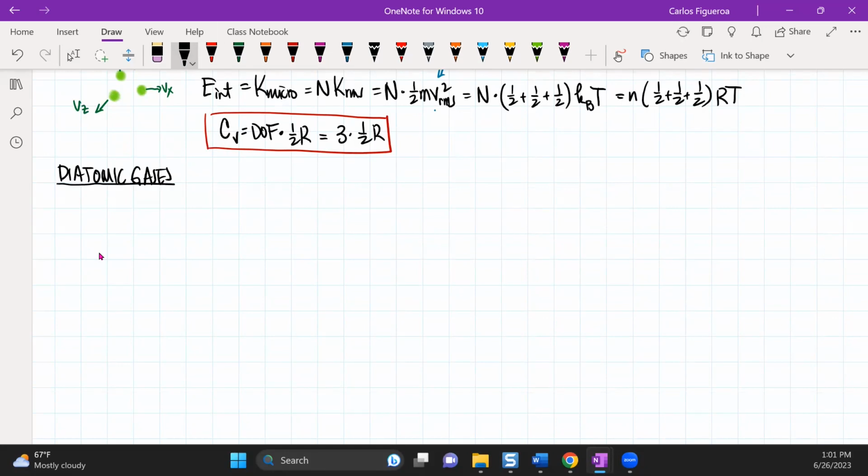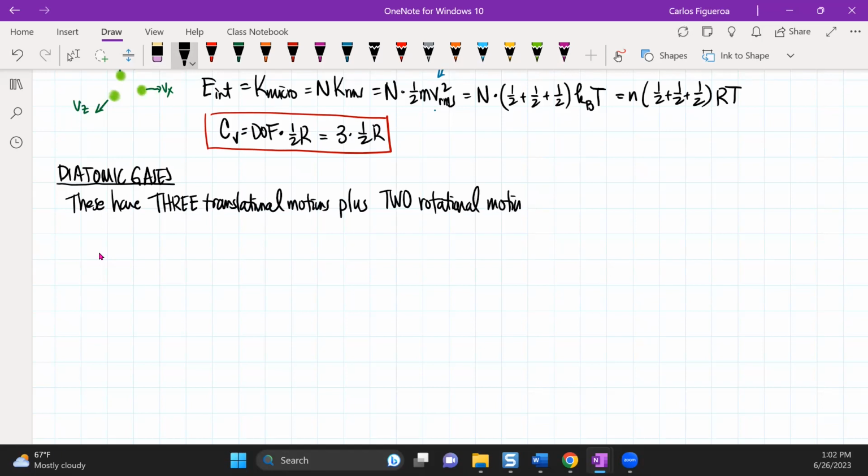Well, these have 3 translational motions plus 2 rotational motions. Let's draw them out.